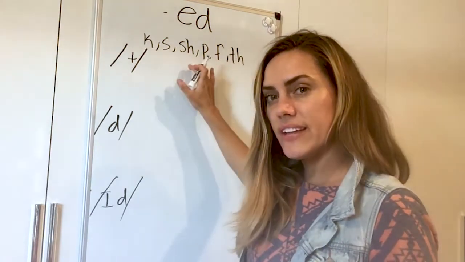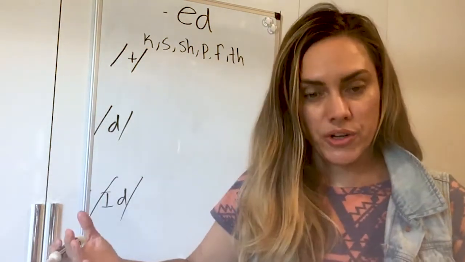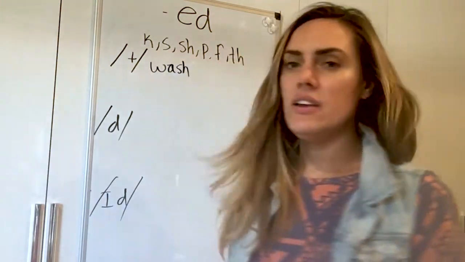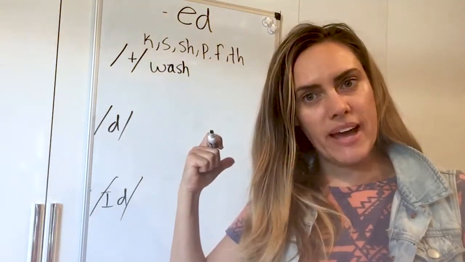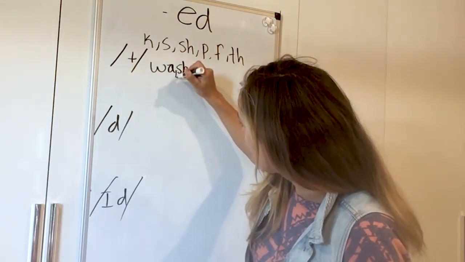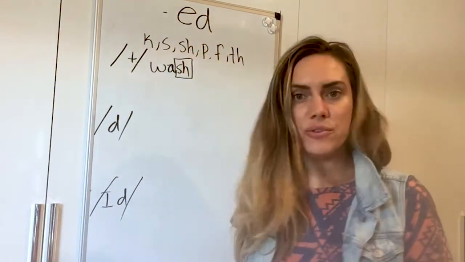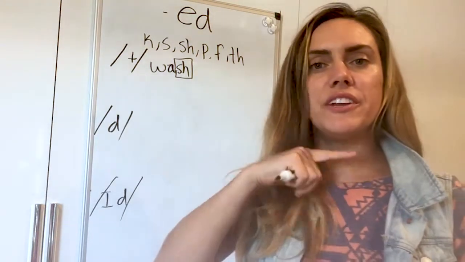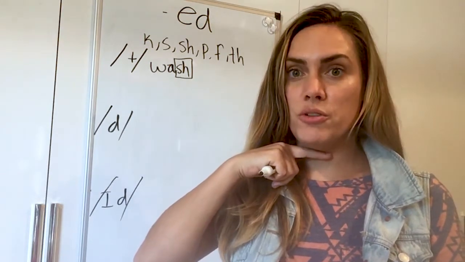So when you hear a sound like this at the end of a word, for example, like wash, but you want to make it in the past tense, look at the last sound of those letters. What is that sound? Shh, shh, shh. Put your finger here. No movement.